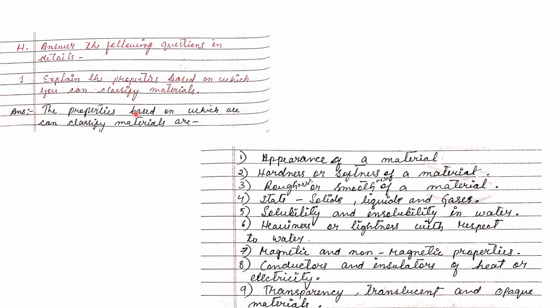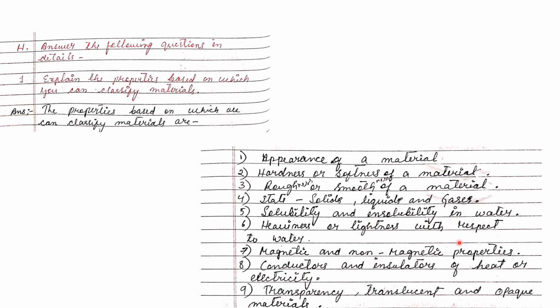Answer is, the properties based on which we can classify materials are: first, appearance of a material, that is lustrous or non-lustrous; second, hardness or softness of a material; number third, roughness or smoothness of a material; fourth, states, that is solids, liquids and gases; fifth, solubility and insolubility in water; 6.